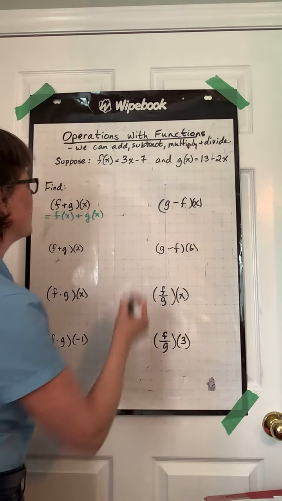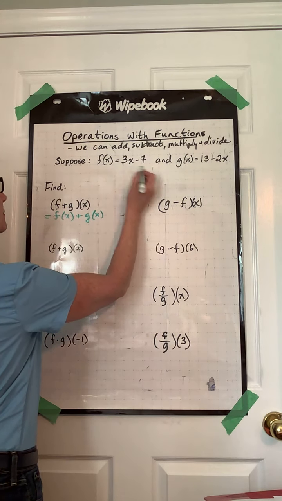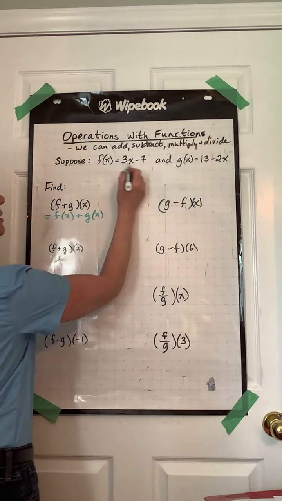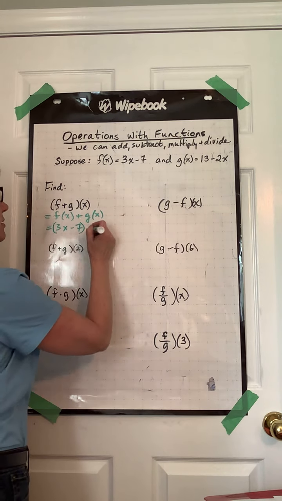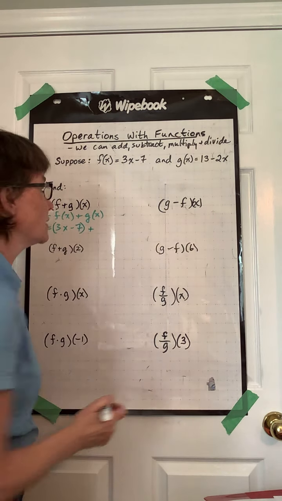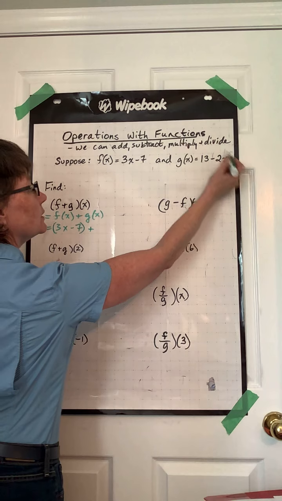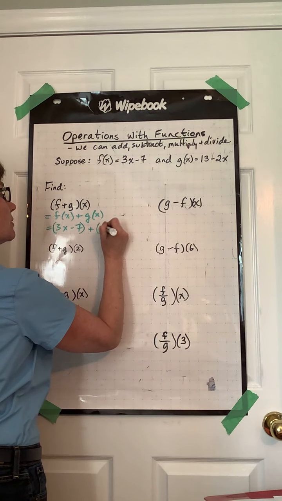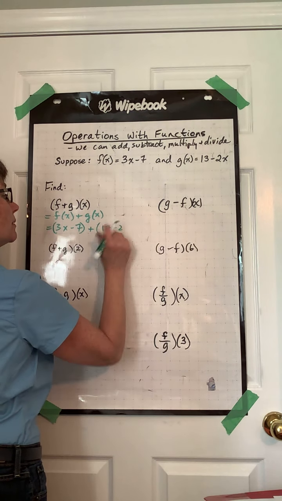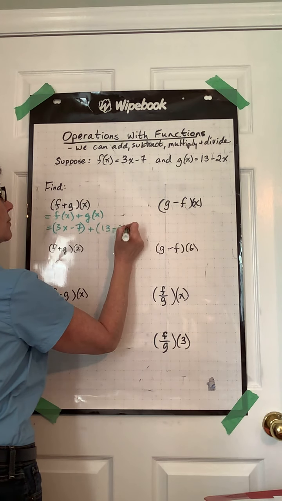We just go up to our f of x function and substitute it in here, 3x subtract 7. I'm going to put brackets around there just so we're consistently doing things. And g of x, which is 13 minus 2x, so substitute that in there, subtract 2x.